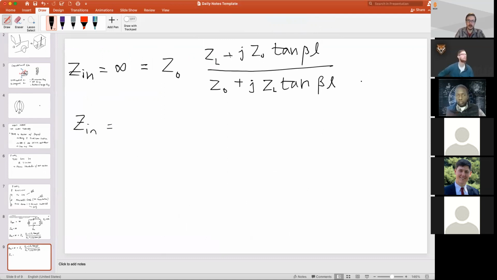All right, so if the load is 0, what am I going to get here? ZL.